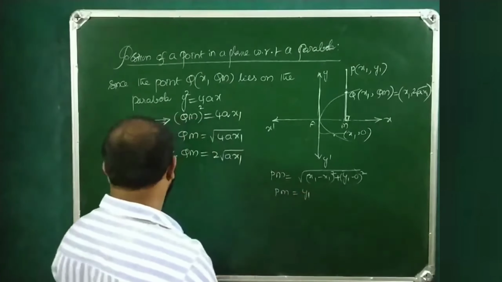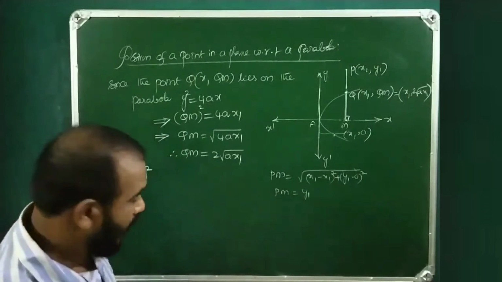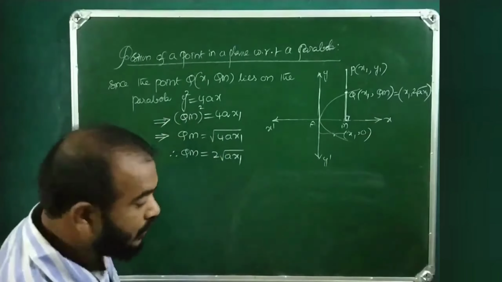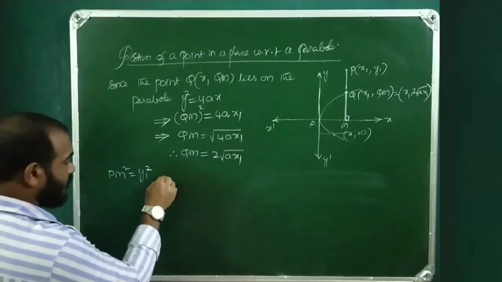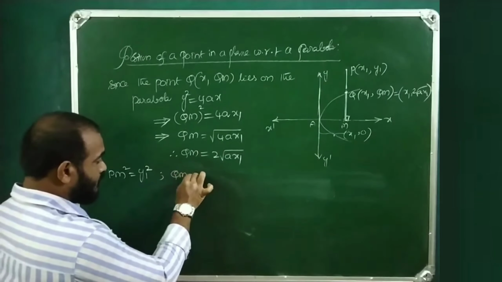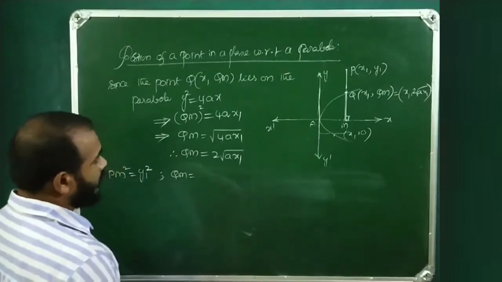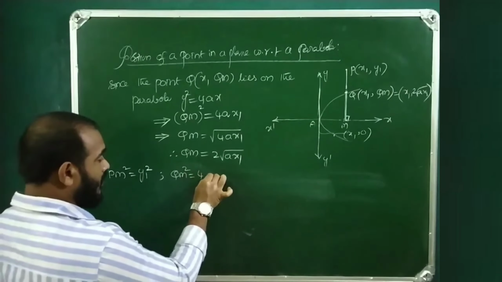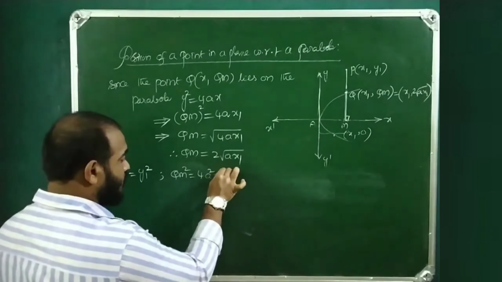So PM square is equal to y1 square. Now, what is QM here? QM is equal to 2 root of a x1. Therefore, QM square is equal to 4a x1.